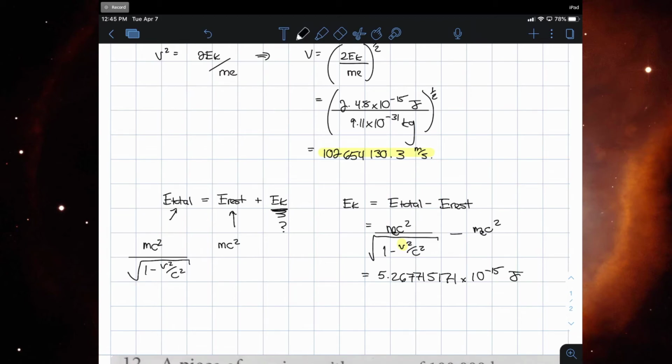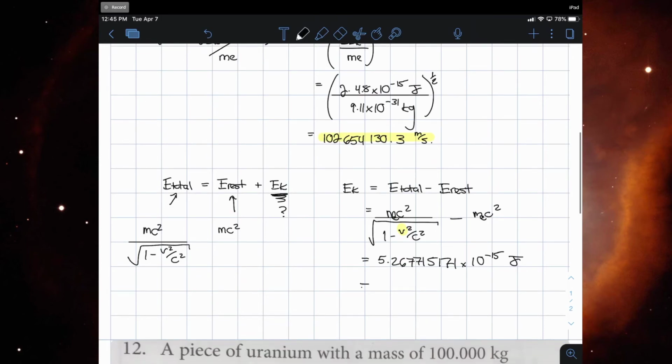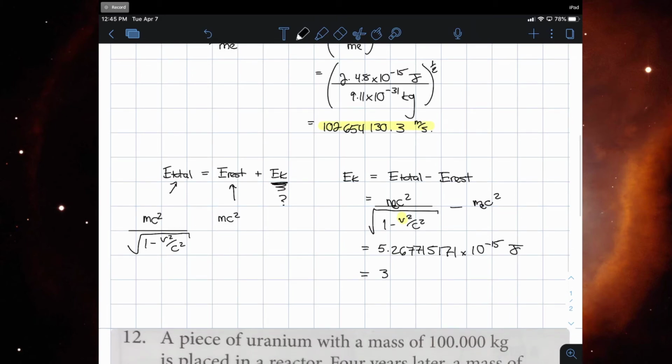Now I want to see what this is measured in electron volts, so I want to convert this to electron volts. To do that, I just divide by 1.60 times 10 to the negative 19, and we get a value of 32,923.21982 electron volts. So that's approximately 33 kilo electron volts.